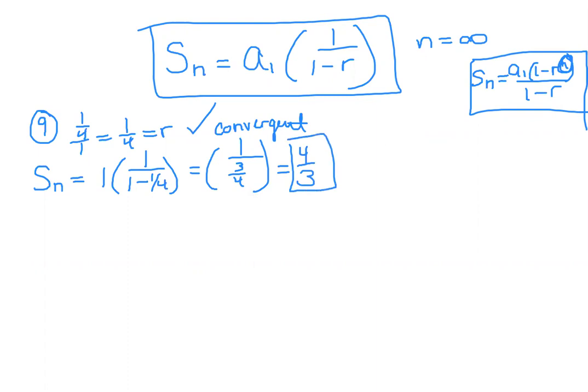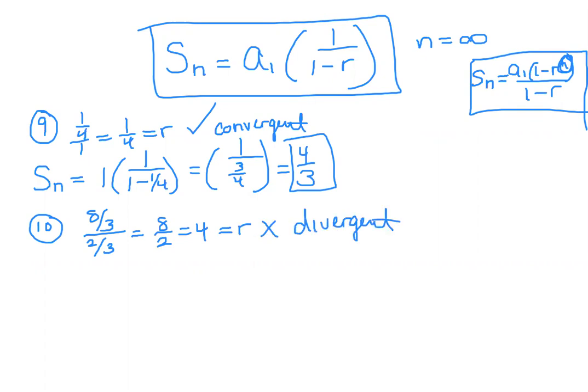And that is your answer. All right, number 10. If we take 8/3 divided by 2/3, we get 8/2, which is 4 for R. So no, this is divergent. We're done. We can't find the sum. The sum would be infinity.